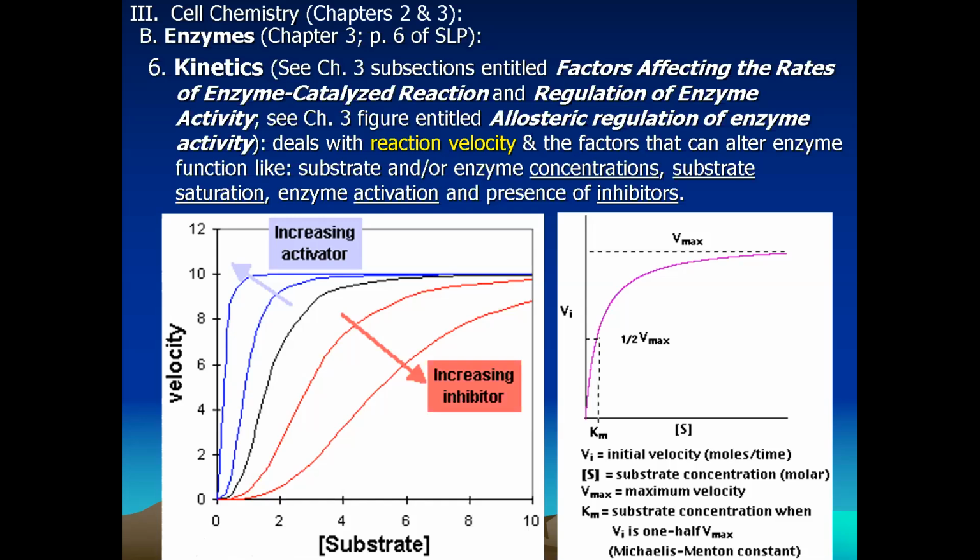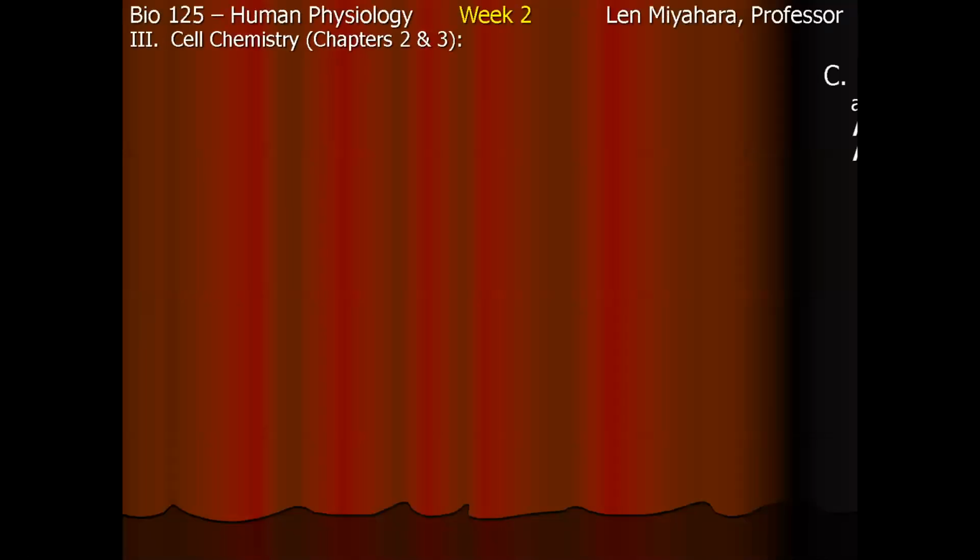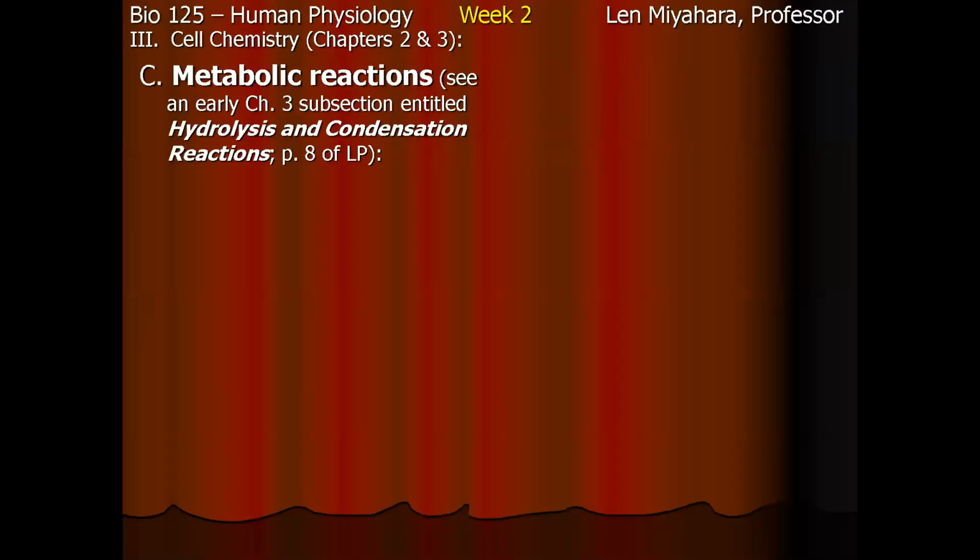Coenzymes can oftentimes increase the velocity or reaction rate into the blue lines. Does that help? You can read about it in the textbook. It will not be nearly as simple as what I just described.